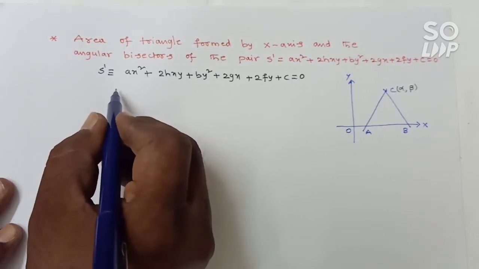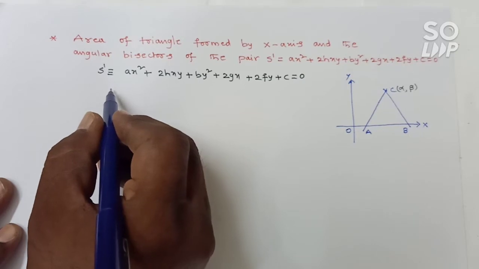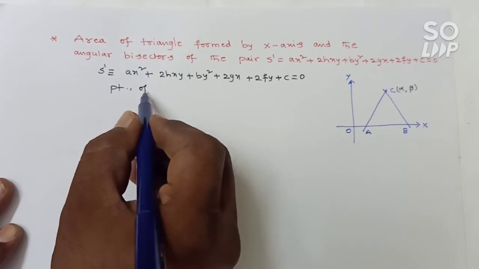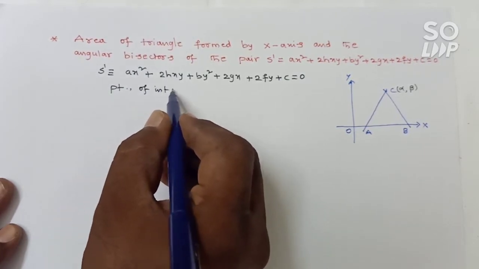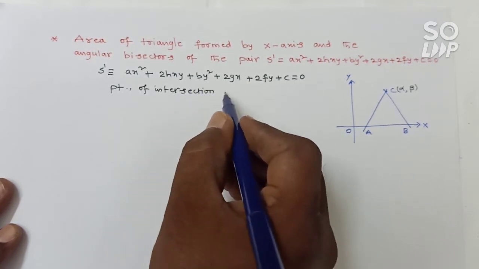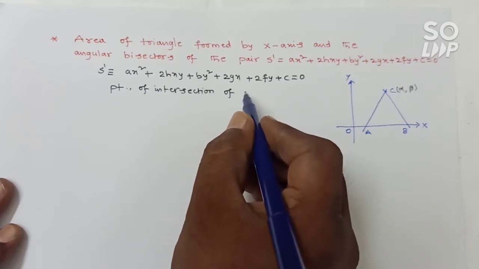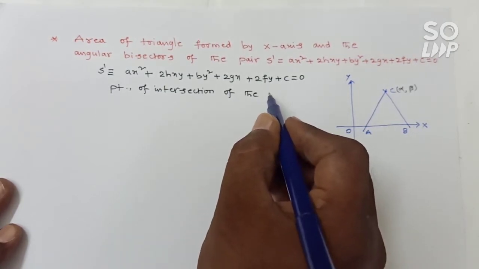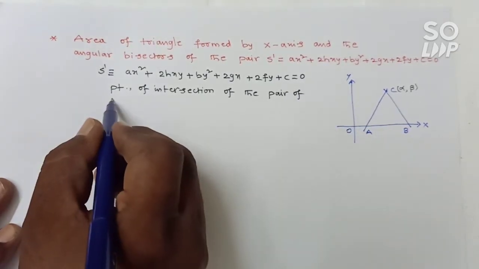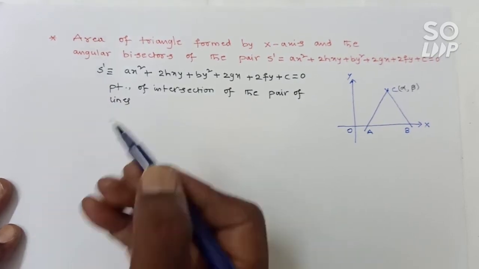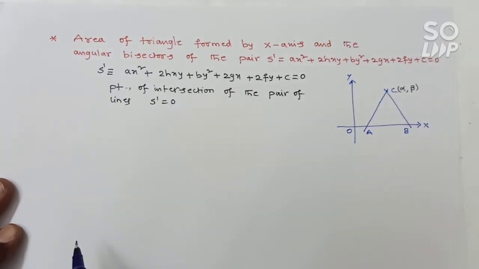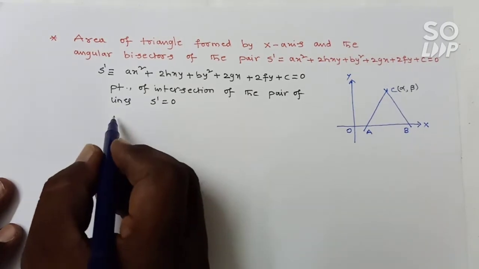This one is the point of intersection of the pair of lines S' = 0, which we have taken as (alpha, beta).